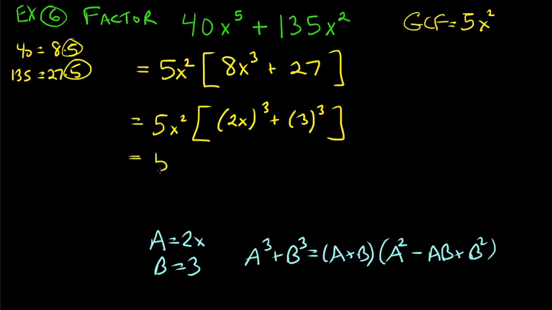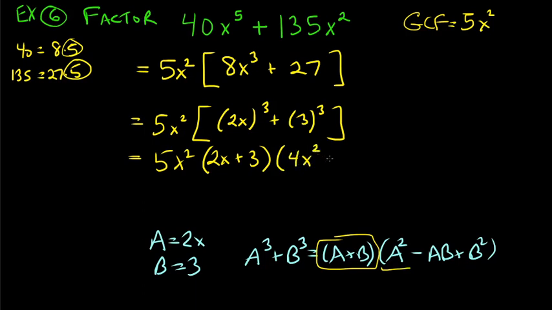So keep the 5x squared. So the a plus b is just going to be 2x plus 3. And now the a squared is going to be 2x times 2x, so 4x squared, minus ab, so 2x times 3 is 6x, plus b squared, 3 squared, 3 times 3 is just 9.